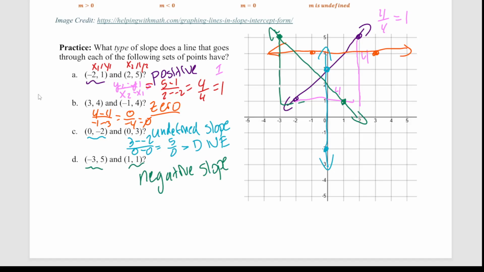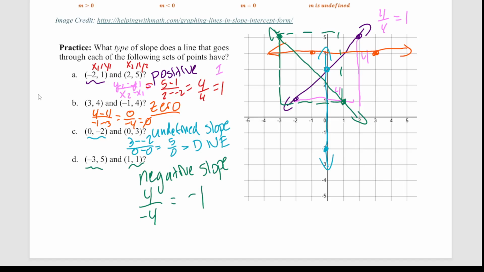Our run is 1, 2, 3, 4. So we end up with 4 over -4, or -4 over 4, whichever way you want to think of it, because we went down 4 and right 4, or you can think we went up 4 and left 4. Either way, because you also could have drawn this triangle the other direction, right? Either way, it's going to be mixed signs, so you end up with a slope of -1 this time instead.